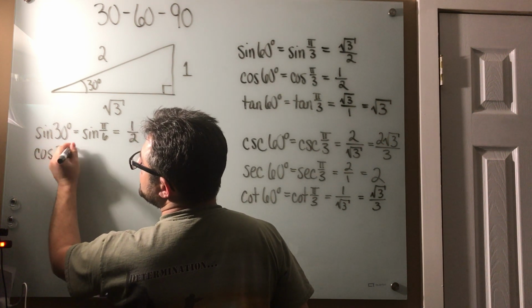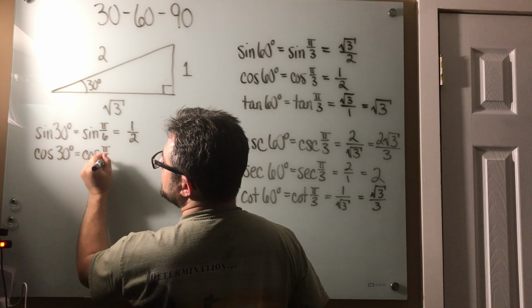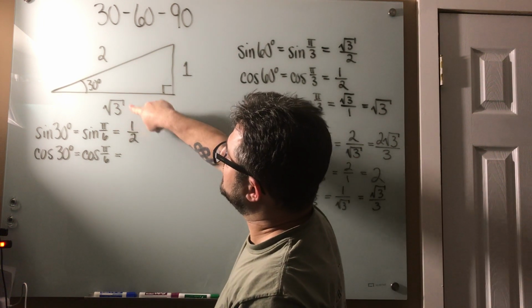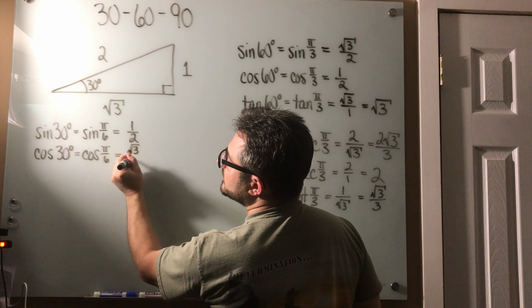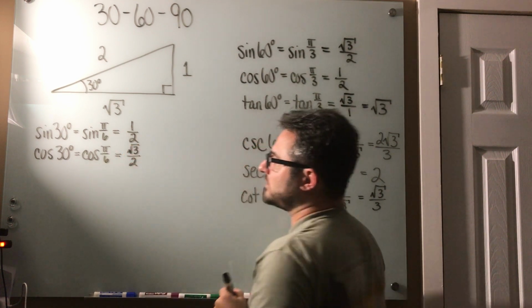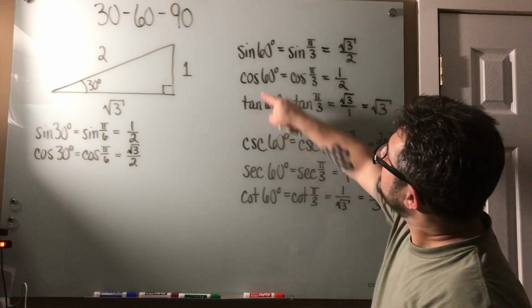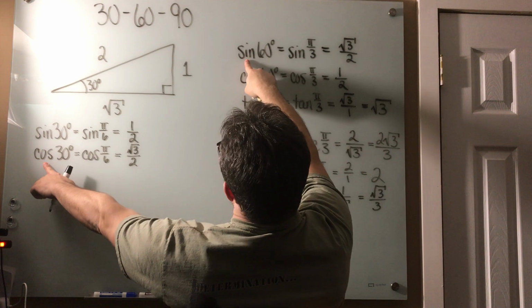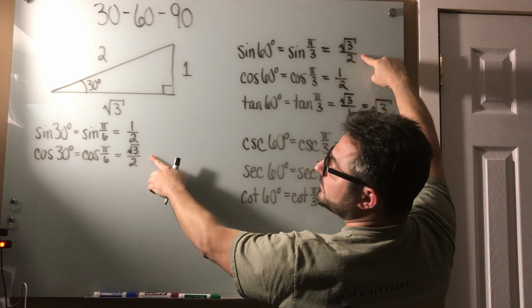Cosine of 30 degrees, or cosine of pi over 6 radians, adjacent over hypotenuse. With, again, no need to rationalize because the denominator is a rational number. And once again, we see that the cofunctions of the complementary angles are equal.